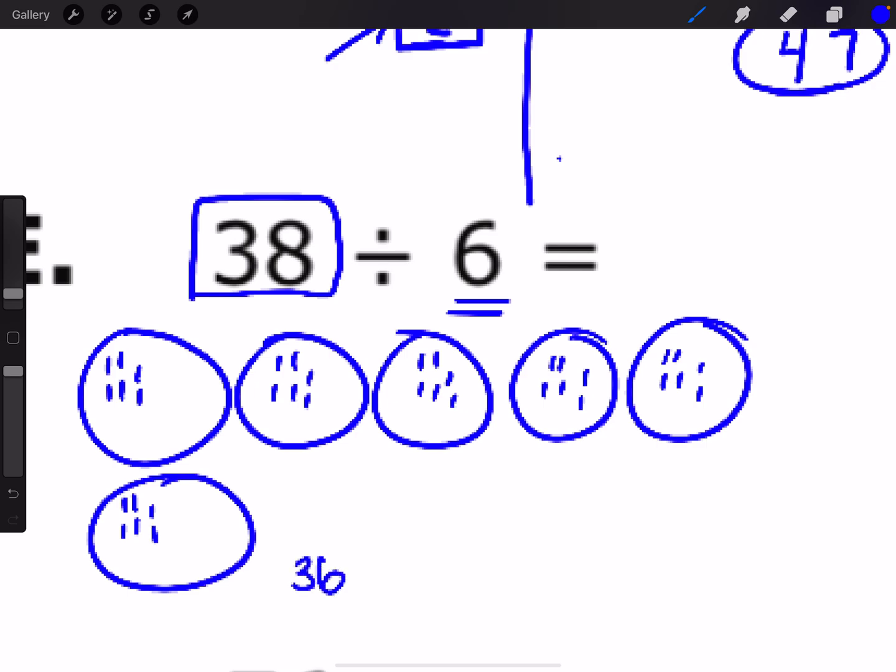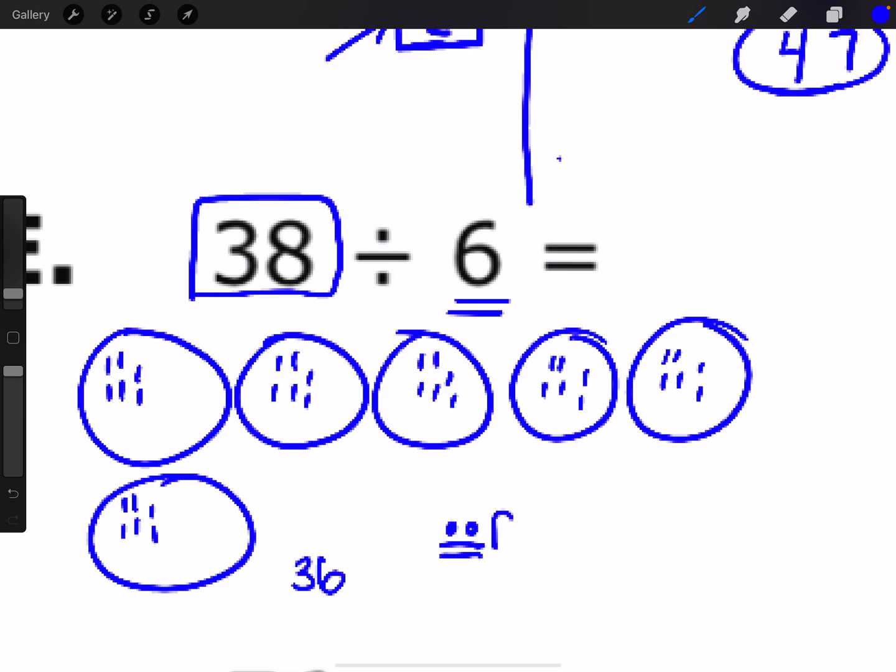Now I got to stop. I'm at 36. Do you think I can do another 6 and still be under 38? The answer is no. So if I'm at 36, I have 2 left over.